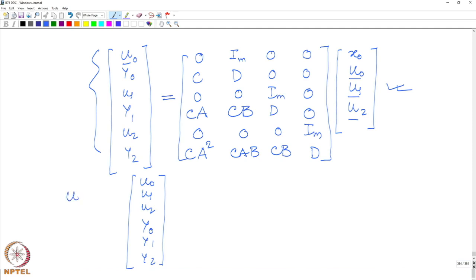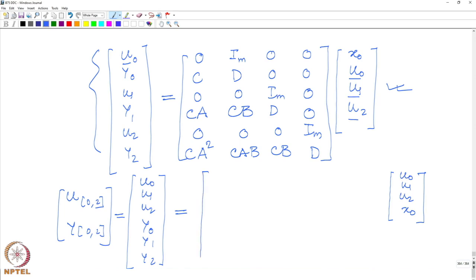I will call this u_{0 to 2} and y_{0 to 2}. That is the shorthand for this vector. I also want a rearrangement of the columns, because I want this arranged as u0, u1, u2 and then x0.